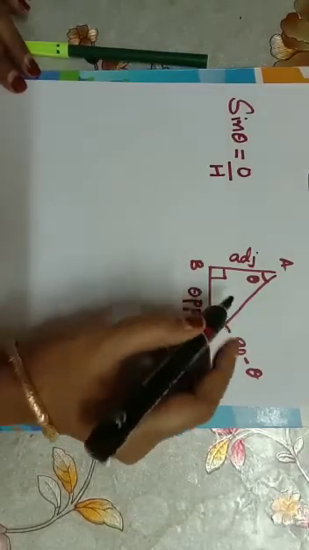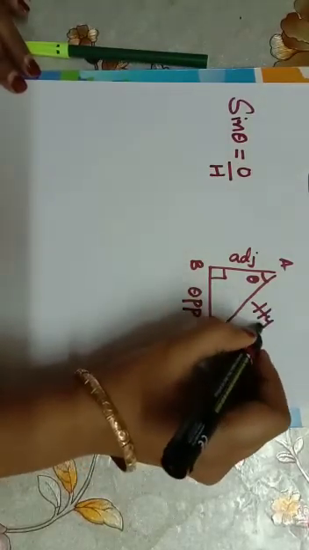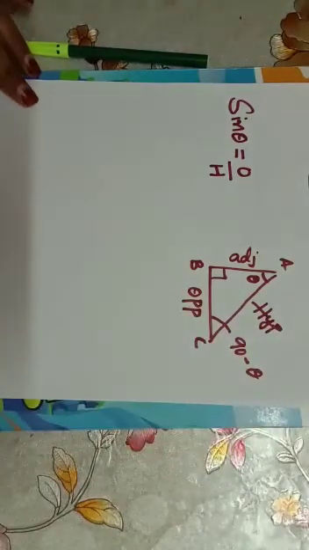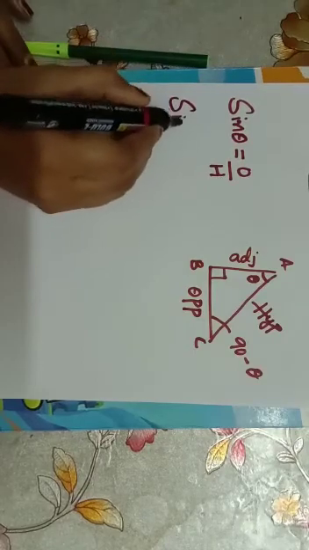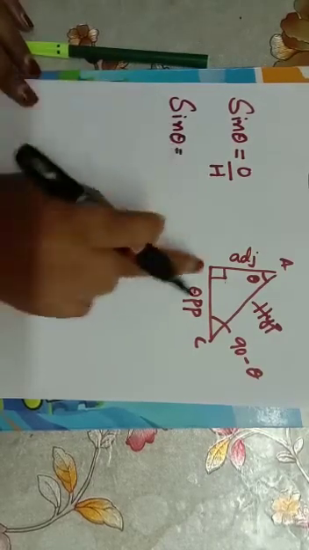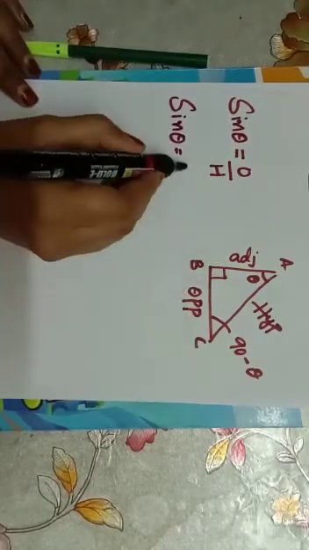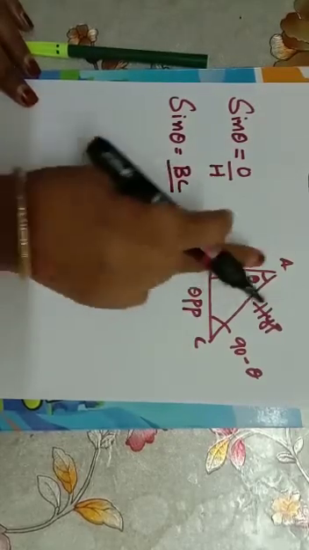And side opposite to 90 degrees is hypotenuse. So what is sine theta? O by H. So sine theta, O is how much? BC, and H is how much? AC.